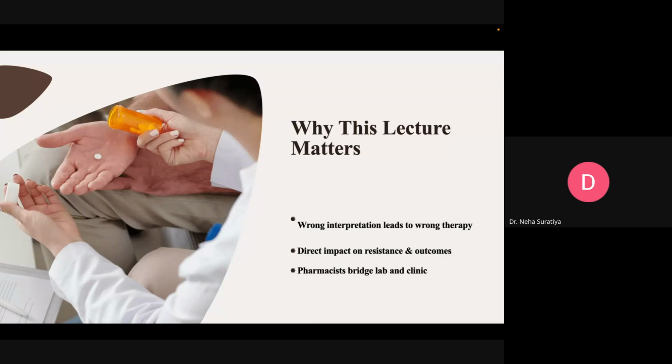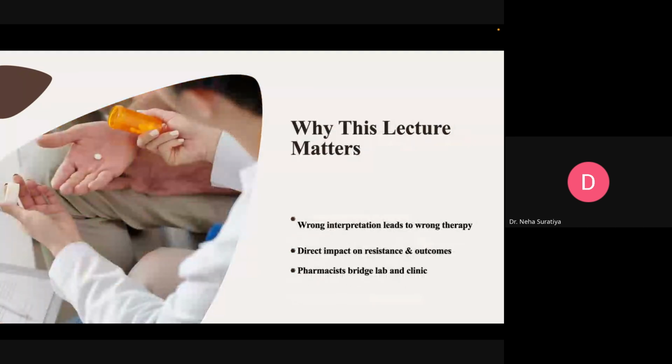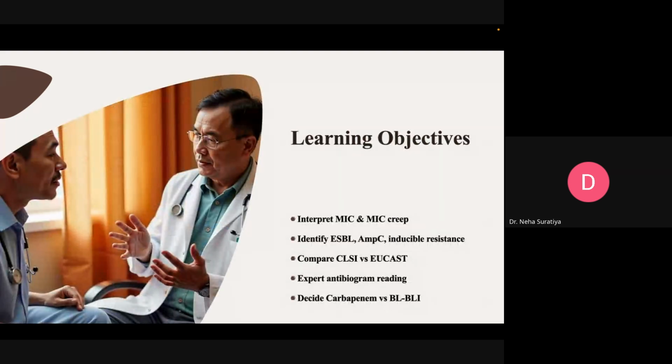So what is the learning objective for this particular session? Now the why is clear to you, so you can relate all the questions to the learning objective. Your answers are here. Today we will focus on these five bullet points, the five major concepts written here, the five key skills.